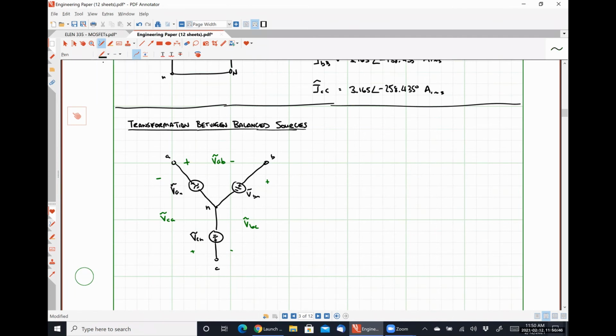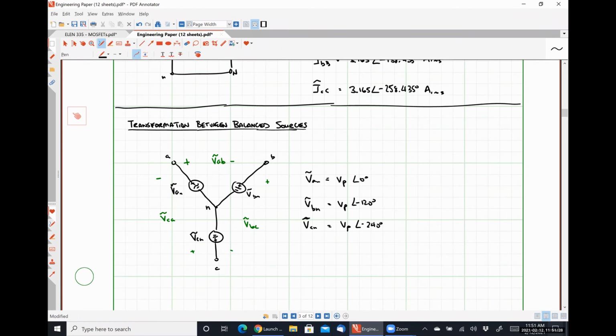Well, if VAN is equal to some magnitude, I'm going to call it VP, standing for phase voltage, angle 0 degrees, and VBN is just that same VP with an angle of negative 120, and VCN is VP with an angle of negative 240.